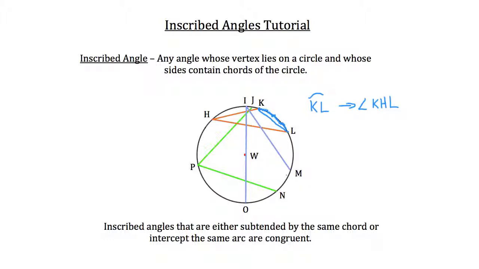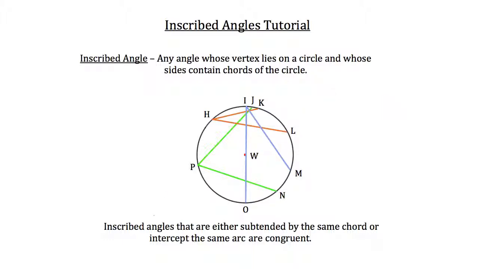Now the same is true if we were looking at the green angle, angle JPN, and we had drawn a chord from J down to N. That chord right there, chord JN, would be considered to subtend angle JPN. And also, this arc right here, as another example, arc O to M here, is going to subtend that purple angle, angle MIO. So that's what we refer to with subtending angles.